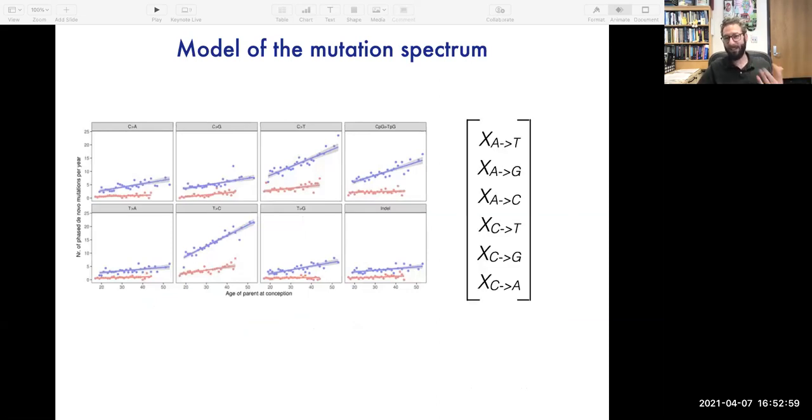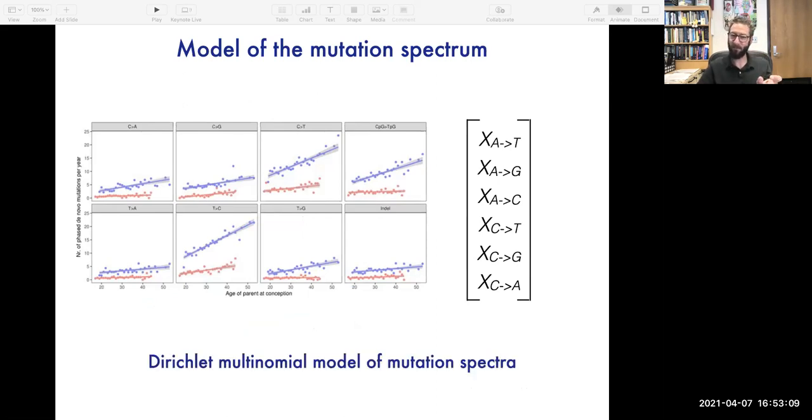So basically what we're going to do is attach a vector of frequencies, the proportion of each of these mutations, to parents of different ages. Technically we're building a Dirichlet multinomial model of the mutation spectrum. For every combination of male and female parental ages, they emit some proportion of each of these different mutations.